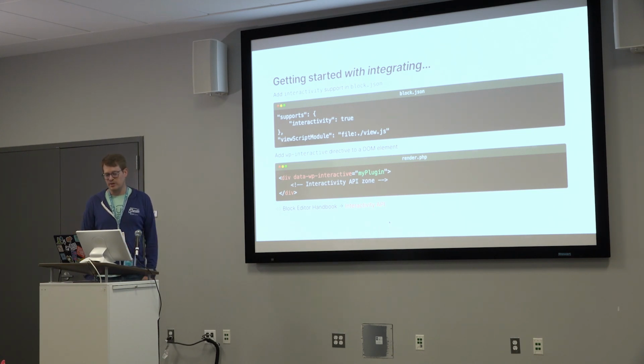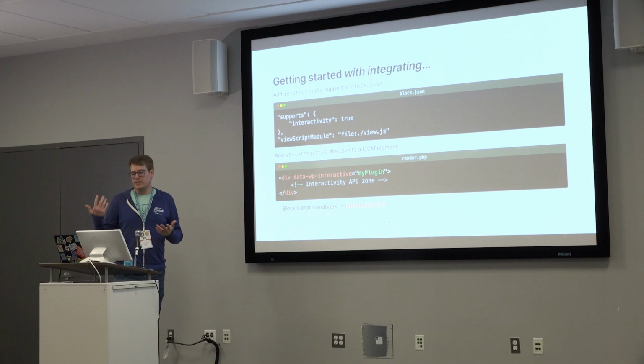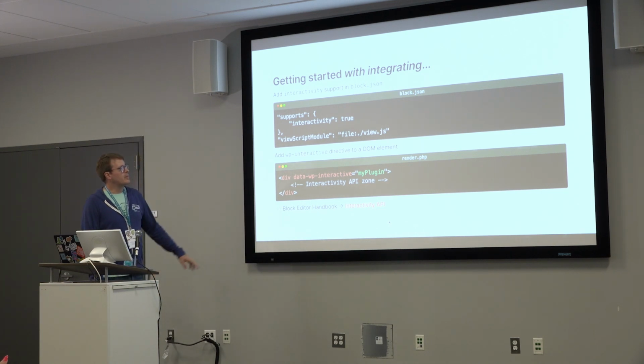This new entry allows you to point to the file where you will write your store information, which I'll get into in a little bit. So those two pieces: having that file and the view script module.